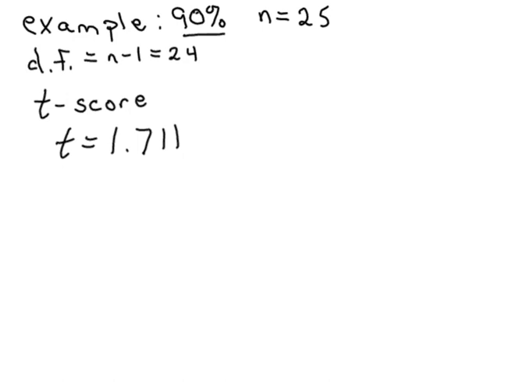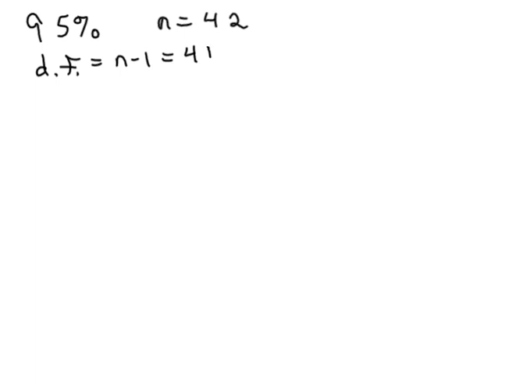I want to look at one more example of just calculating a score, and that one will be a 95% confidence interval and my sample size is going to be 42. With a sample size of 42, my degrees of freedom, n minus 1, is 41.